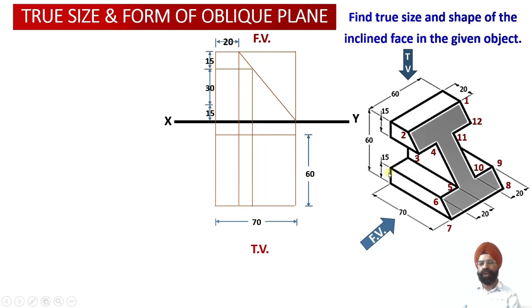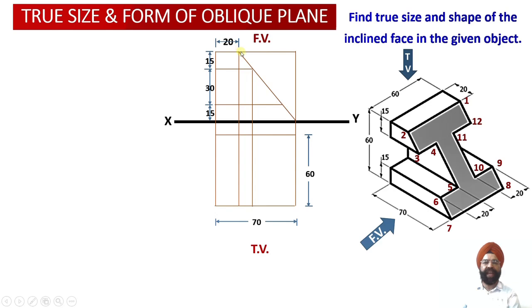Now another thing we know, the bottom web. The bottom web, again, is going to have the height equal to 15 millimeter. So this is height equal to 15 millimeter. And then from this, as we are going to look at the solid from the front view, we are going to get a horizontal edge over here, which is starting from the left extreme, and it is going to end up on a point which is going to lie on the edge view of this inclined section surface over here.